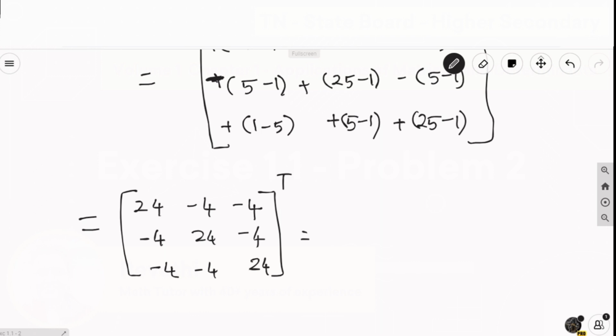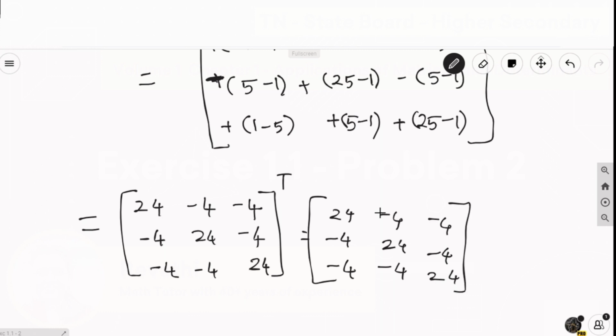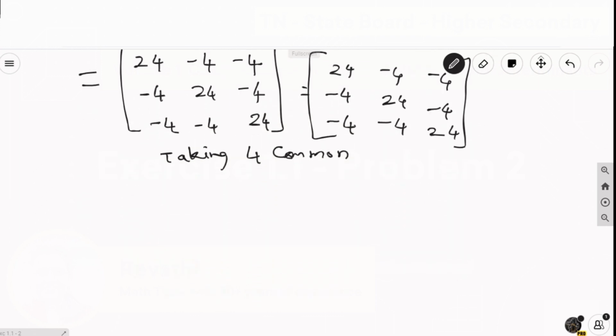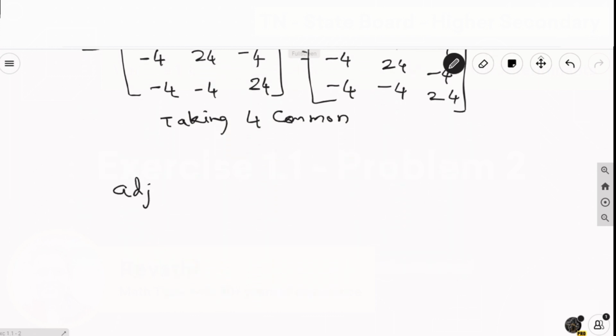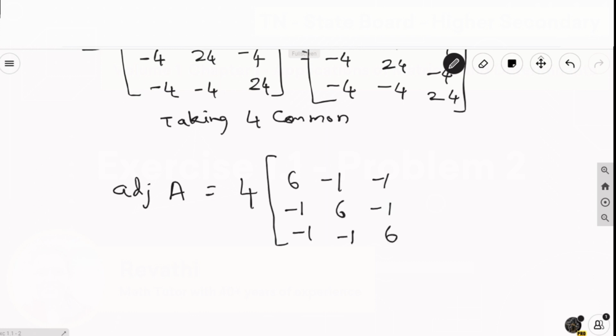So transpose is just the first row changed to first column, second row into second column, third row into third column. Now taking 4 common from every entry. Therefore, now finally we are finalizing the answer.